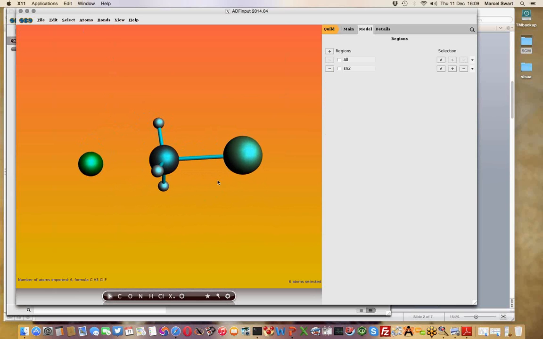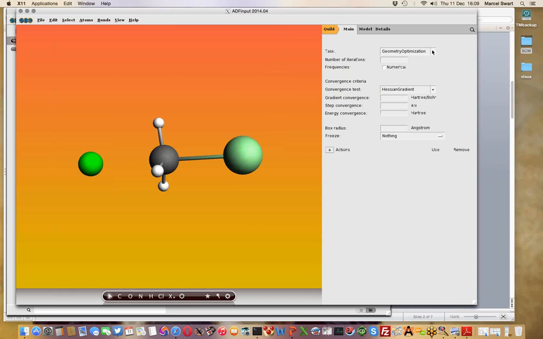Here you have an SN2 reaction where you have a fluorine attacking methyl chloride from the back, so this incoming nucleophile is attacking and making a bond with the carbon, and at the same time the leaving group, the chlorine, is leaving. Again, you can do a transition state search.